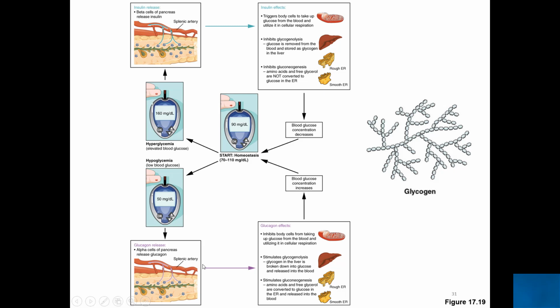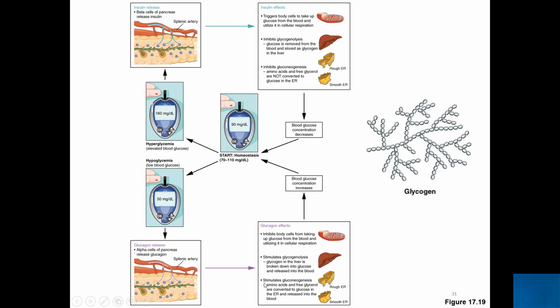If food is not available right now, then the pancreatic islets' alpha cells start producing glucagon. Glucagon acts on its target organs. In the liver, glycogen is broken into glucose molecules, and those glucose molecules are released into the blood and increase blood glucose level.